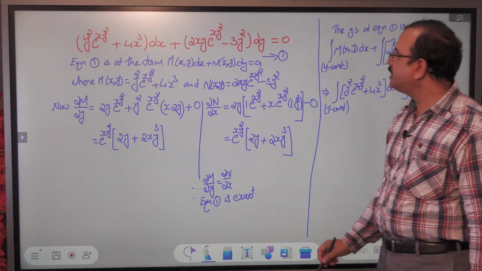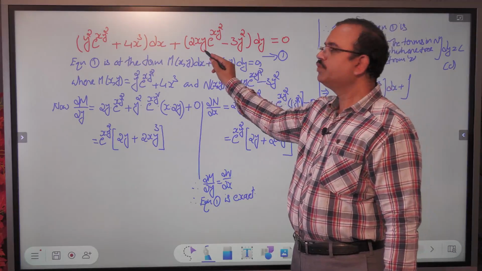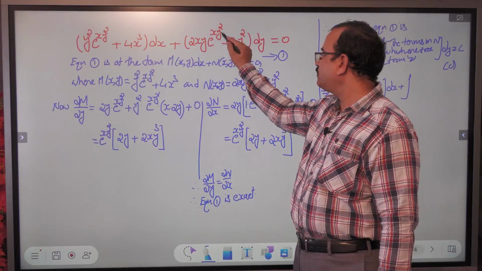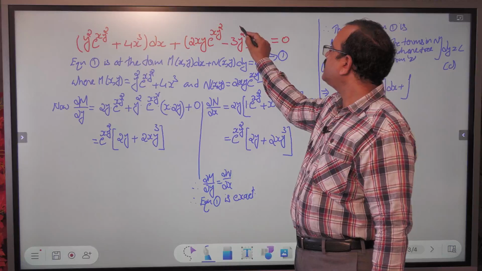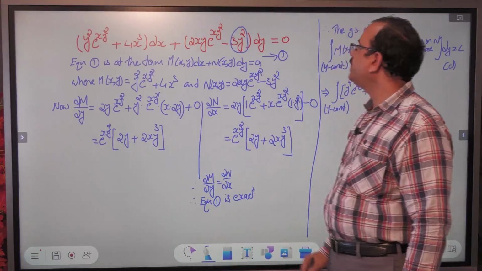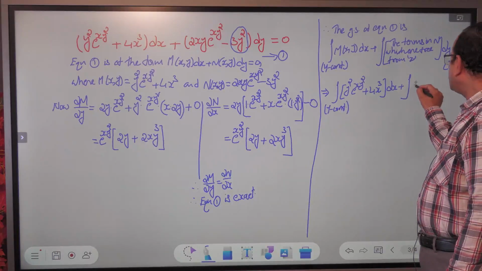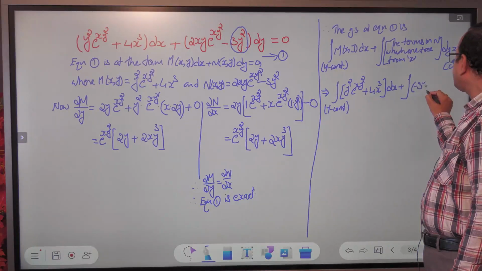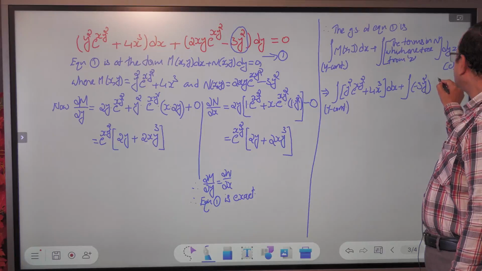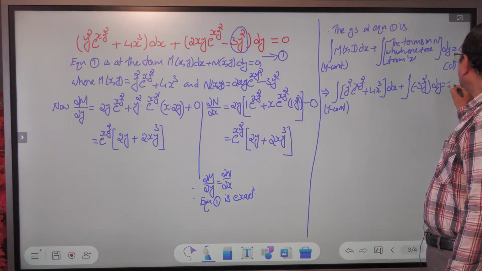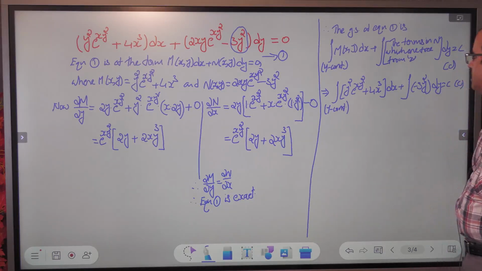In N, the first term 2xy e^(xy²) has an x term, but in the second term, minus 3y², there is no x. So we take minus 3y² into dy is equal to c, where c is an arbitrary constant.